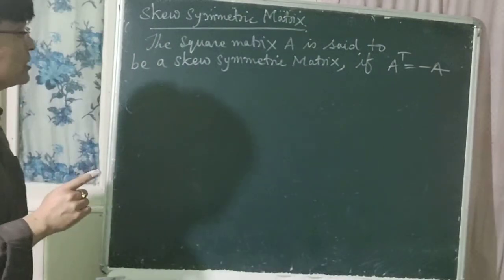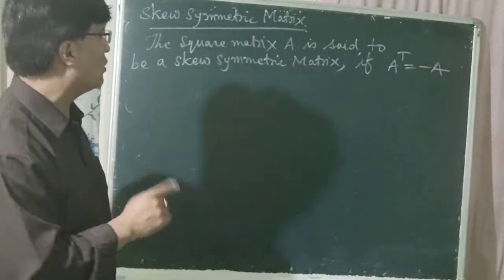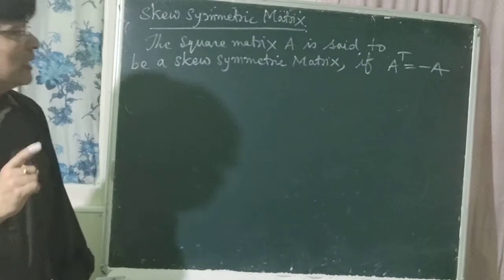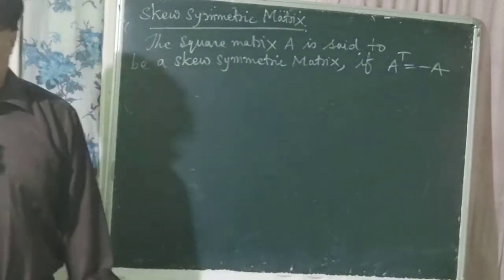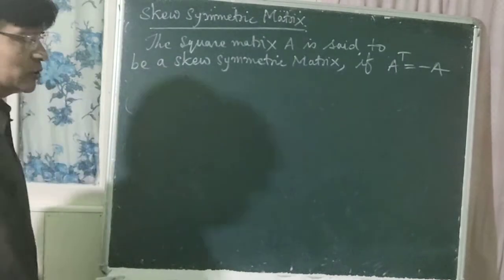The square matrix capital A is said to be a skew symmetric matrix if A transpose is equal to minus A. Okay? So now let us take an example out here also.